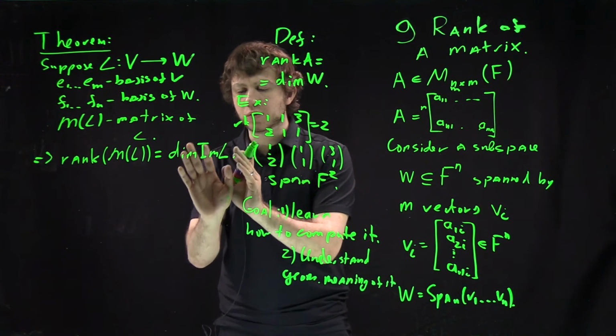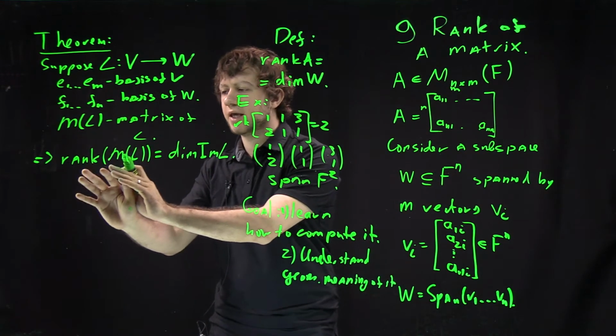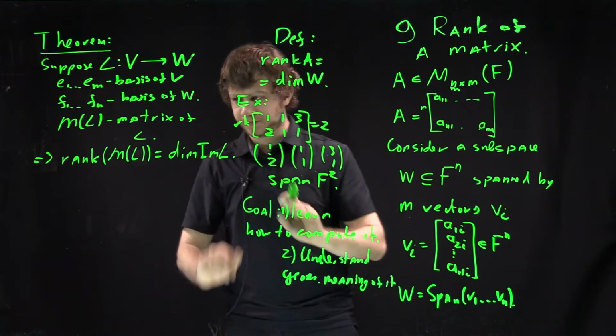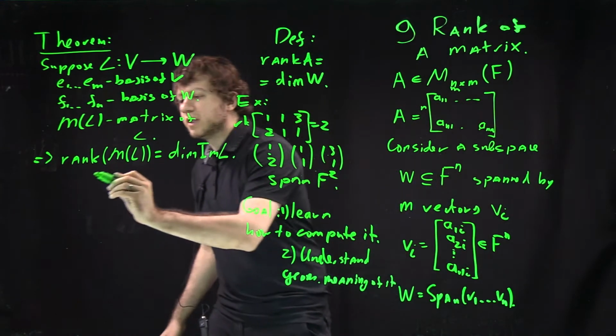This is called the rank of a map, and it is the same as the rank of the matrix of this map.